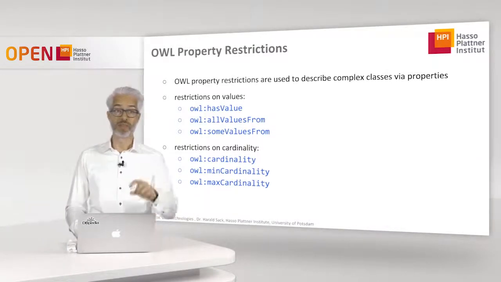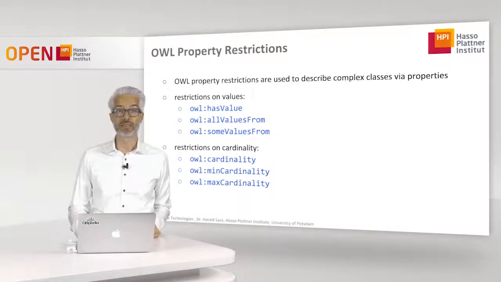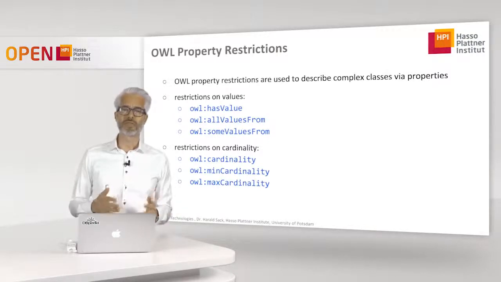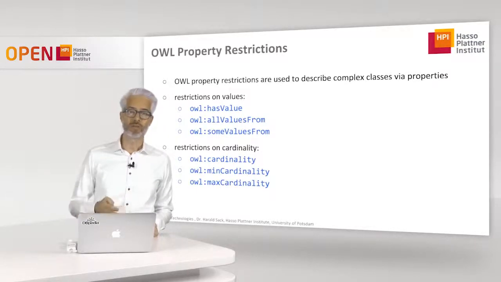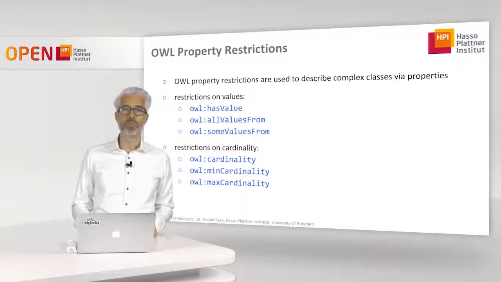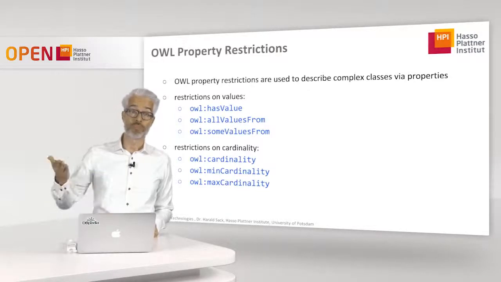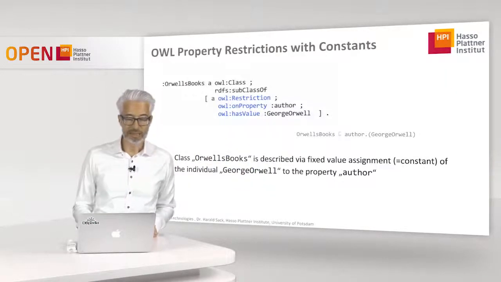I do this with the keyword OWL cardinality. And if I only want to define upper or lower bounds, I can use OWL min cardinality for lower bounds, and I can use OWL max cardinality for upper bounds. But let's have a look at some examples.